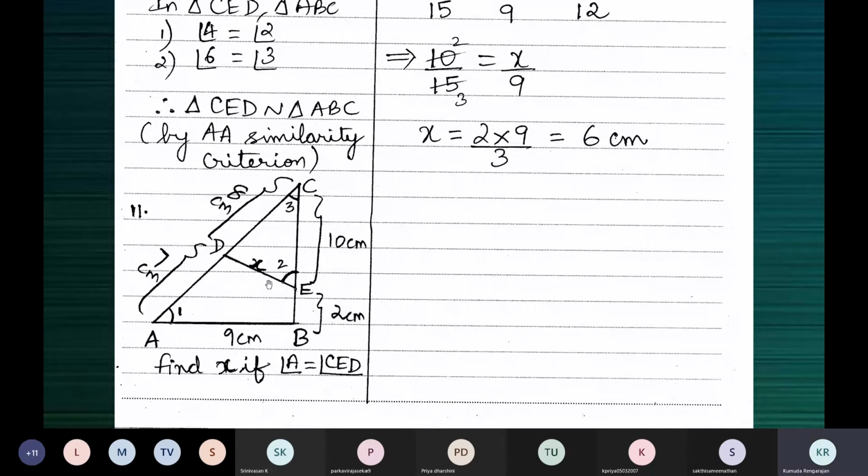Otherwise, if not for similarity, it's difficult to find the length of ED. With the help of the concept of similar triangles, you will be able to find it. How? Take up the small triangle and the whole triangle, and prove that both are similar.